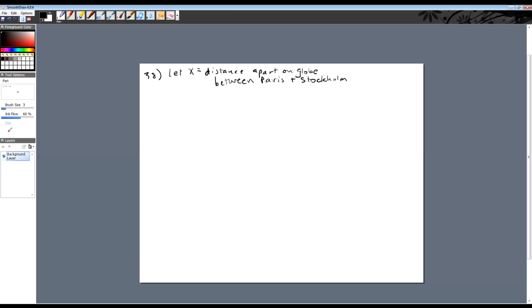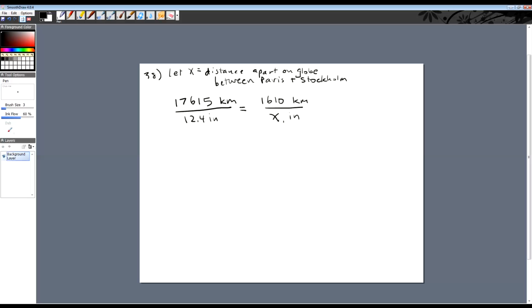So we know, and we're given, 17,615 kilometers between Rio de Janeiro and Hong Kong, but that's only 12.4 inches on the globe, equals 1,610 actual kilometers between Paris and Stockholm, but we don't know how many inches this is.